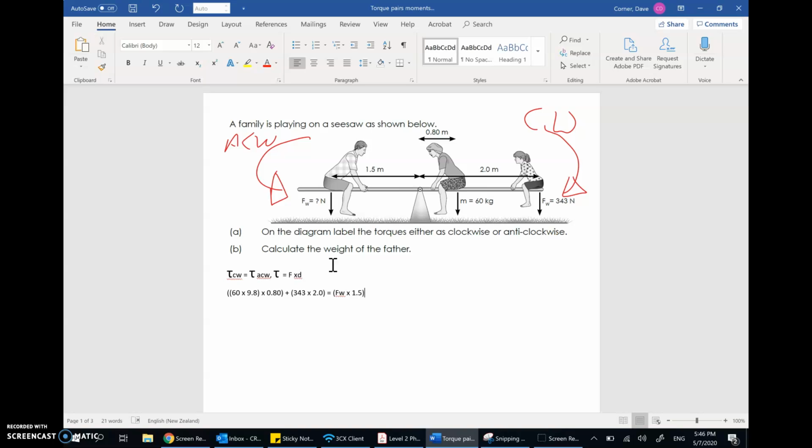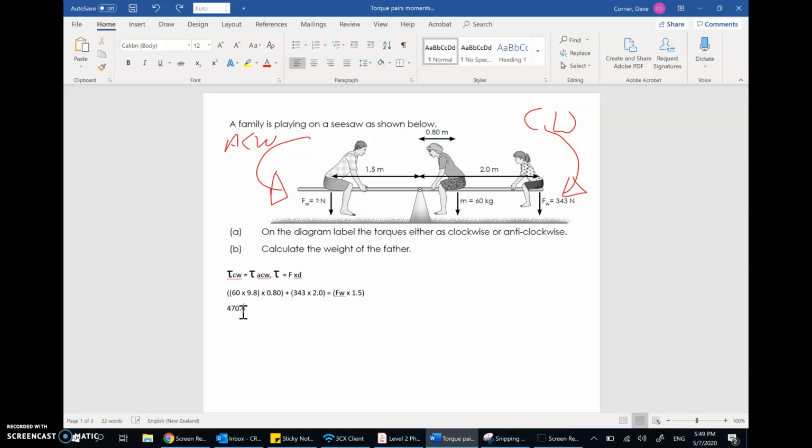The next step is to calculate what each of those values is in the bracket, and then you should see the only unknown in that equation is Fw. As we carry on working through this equation, we have 60 times 9.8 times 0.8 plus 343 times 2 is equal to Fw times 1.5.